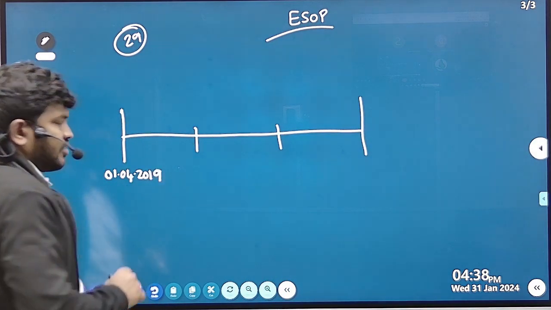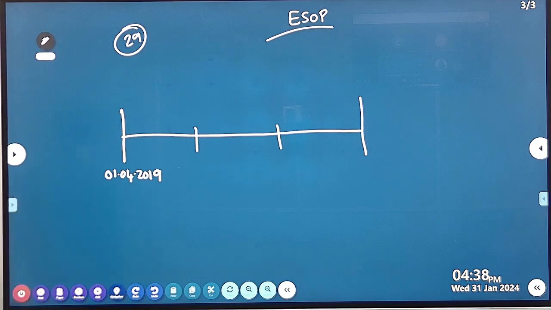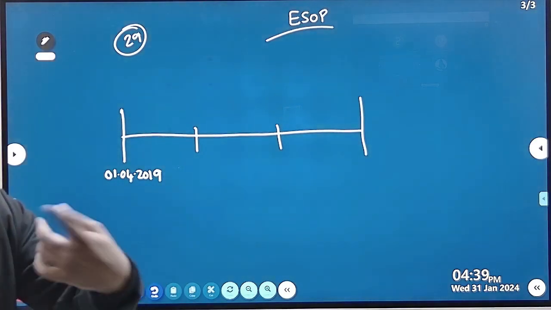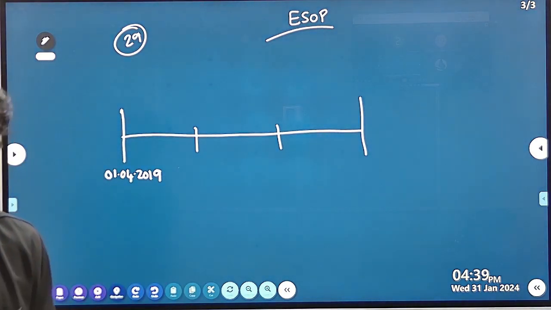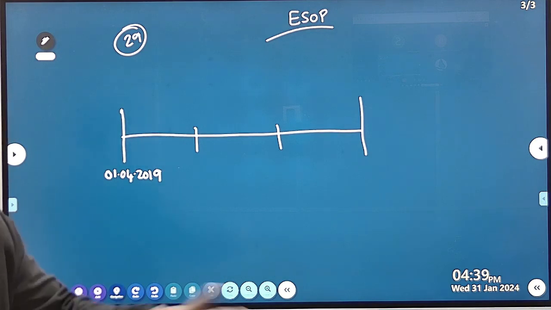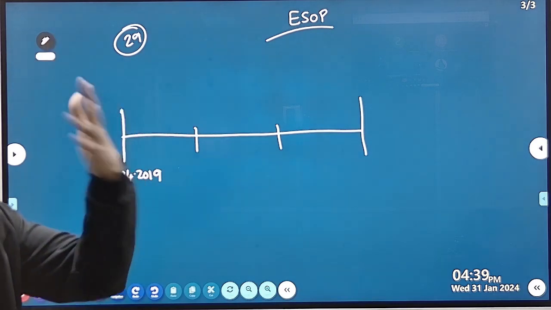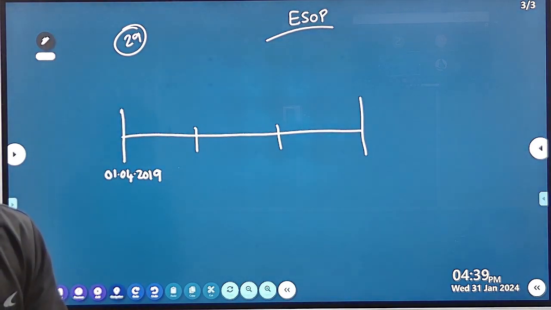Yes. Okay. How is the option being given? 50 rupees per share. Market value will definitely be more than 50. Yes or no? If it is less than 50, then definitely they'll purchase from the market. Yes or no? Understood?